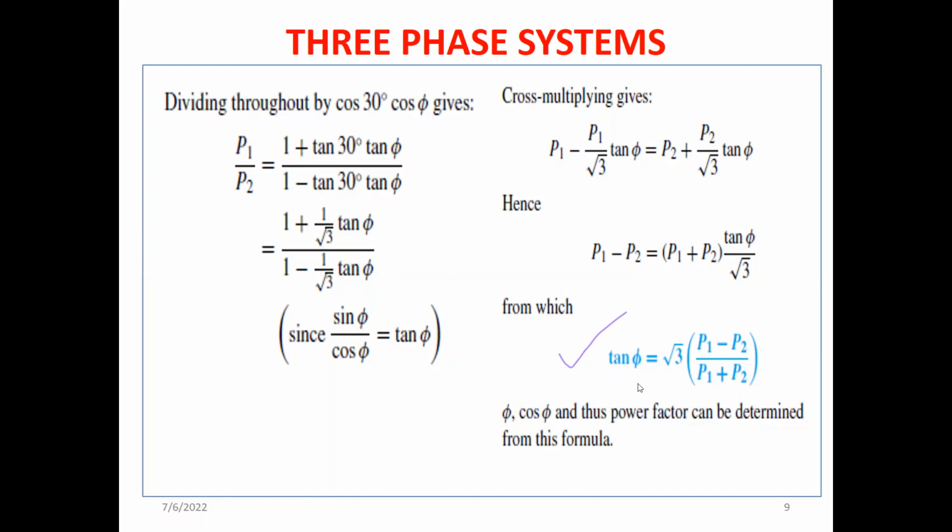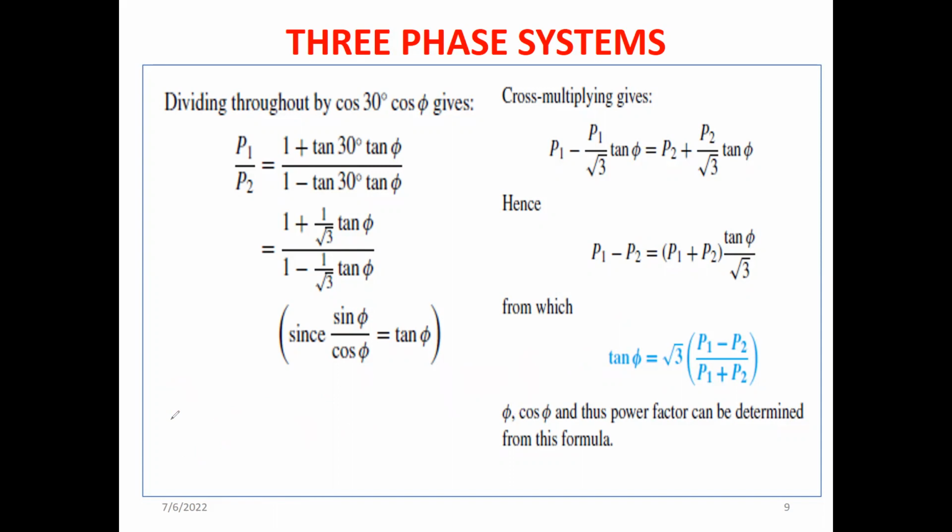To calculate the power P1 in wattmeter 1, it is equal to 3 multiplied by the wattmeter reading. That is how you find power in 1 wattmeter. The total power in 2 wattmeters is P1 plus P2.